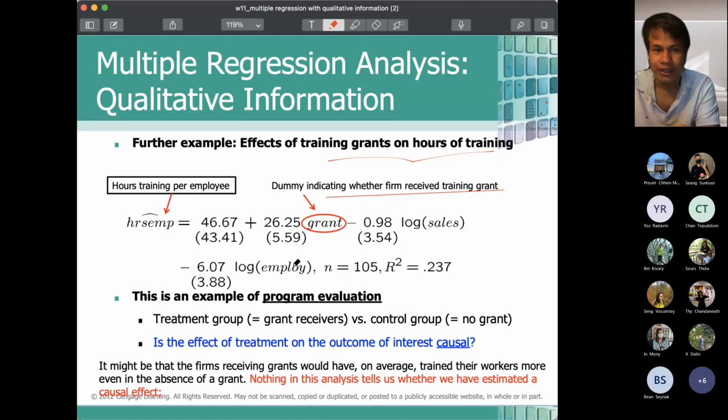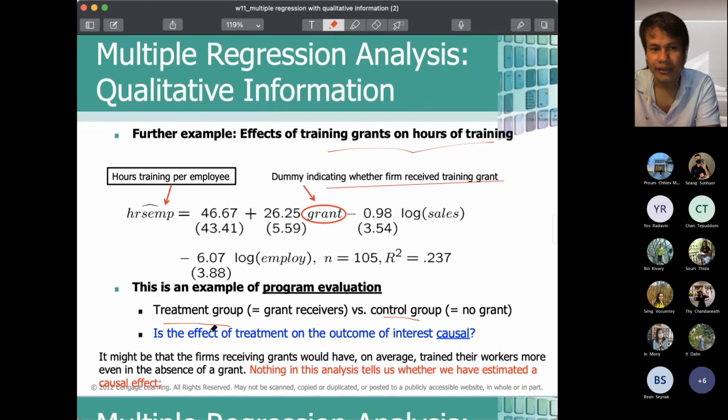Impact evaluation. So in this case, we have a treatment group equal to 1, the companies that receive a grant, versus what we call the control group, or companies that receive no grant, right?